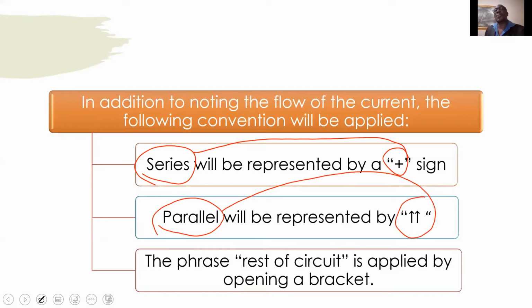And then there's a phrase that we're going to be using, which is rest of circuit. Whenever I say rest of circuit, I'm going to open a bracket. So these are the three things we want to remember: series, represented by plus, parallel, represented by two parallel lines, and rest of circuit, represented by opening a bracket.